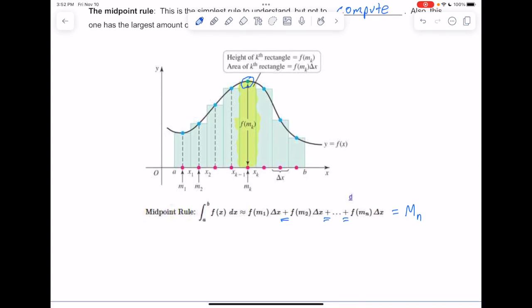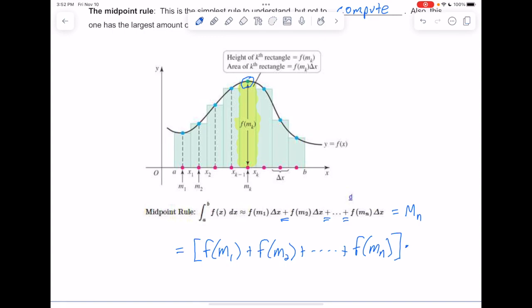And like we talked about before, if you're using the same delta x all the way across, then you can simplify this a little bit by factoring the delta x out to the right, and just say that the process is to take the height at the first midpoint plus the height at the second midpoint, and just keep doing that until you get to the height at the last midpoint for the last rectangle, which would be f of m sub n. And then once you've added all of those up, then you could multiply that by delta x afterwards instead of multiplying each individual height by delta x.